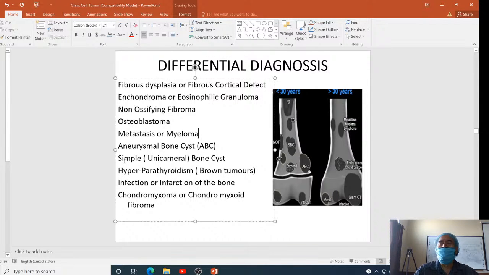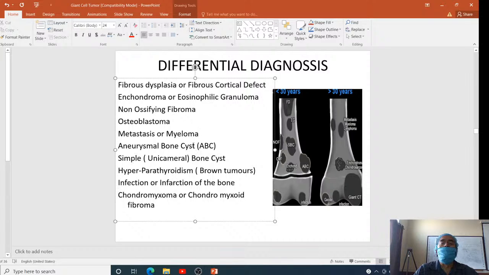This ABC typically looks like GCT. In most cases, they mistake ABC for GCT. But aneurysmal bone cyst is very, very benign when compared with GCT, so you should not make that mistake. Biopsy will definitely tell you what it is. But even before you do the biopsy, you need to know that there are other things which can give a similar clinical and radiological appearance.